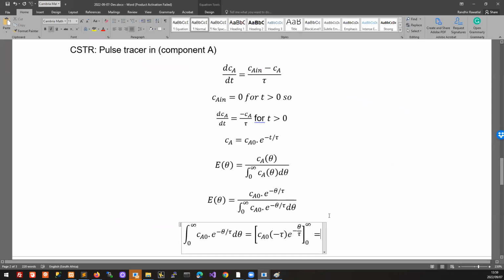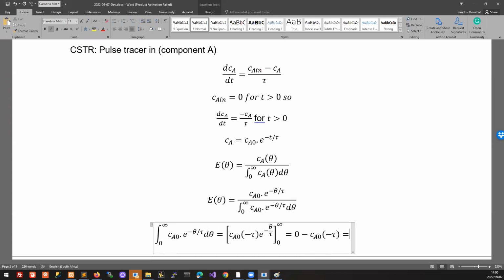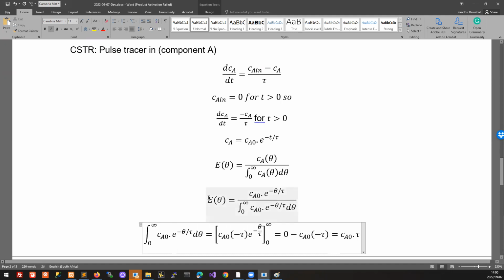So at the upper limit, it's a 0 minus, and then the function at the lower limit. So at the lower limit, it's theta equals 0. So e to the 0 is 1. So all of this becomes a 1. So it's Ca naught times minus tau times 1. So that is nothing but Ca naught times tau. So that's what the denominator works out to be.